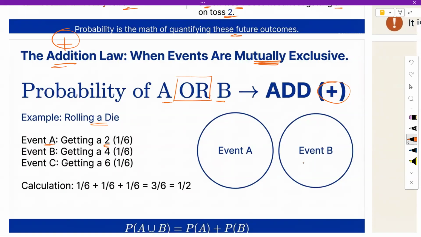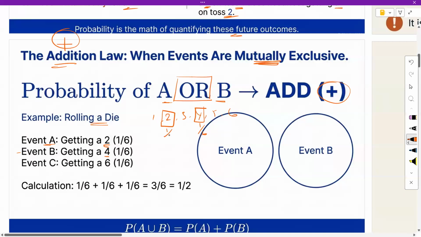You know that there are 6 outcomes: 1, 2, 3, 4, 5, 6. We define event A as getting score 2. Event B is getting score 4. What's the probability? 1/6.